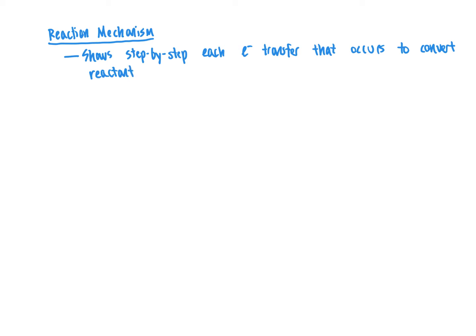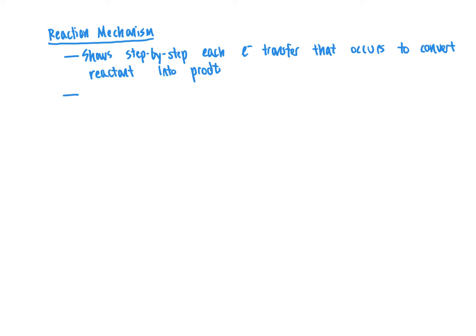And so the reaction mechanism shows in a step-by-step fashion each electron transfer that occurs to convert a reactant, such as the alkene, into the product, such as the haloalkane, that we observe as the final product of the reaction. So it's showing, step by step, each electron transfer, all of the reactants, all of the products, and also the intermediates along the way that it takes to get to that final product.